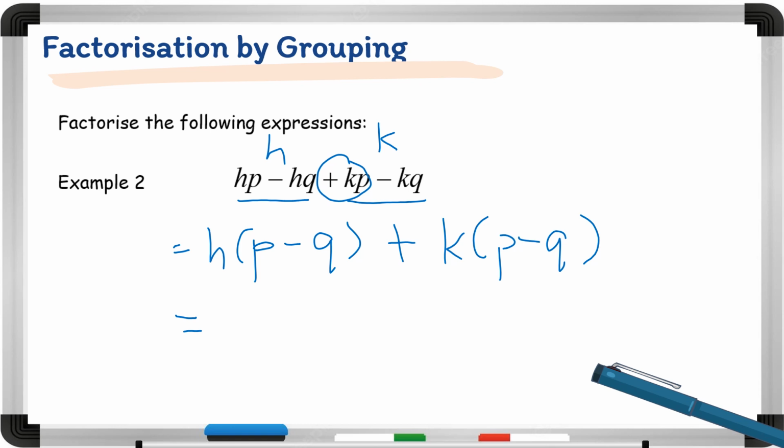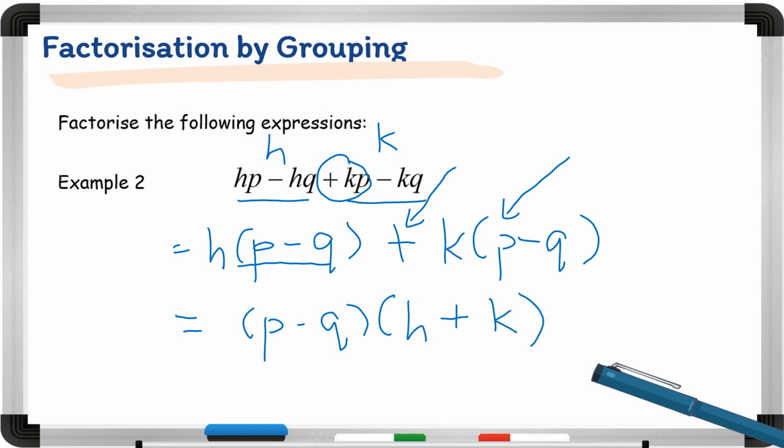Now we are left with two terms, and the common factor is p minus q. For the first term, when you divide by p minus q, we are left with h. Then there is a plus operation. And for the second term, when we divide by p minus q, we are left with k. And that's how we factorize by grouping.